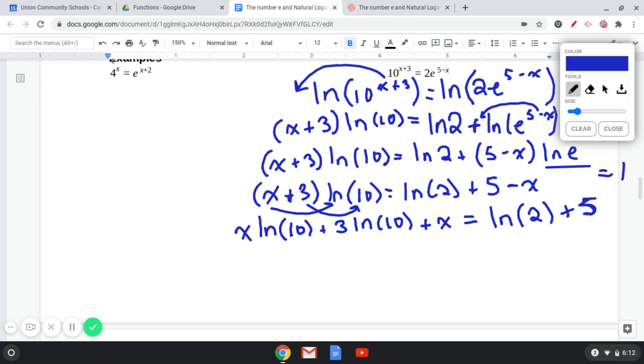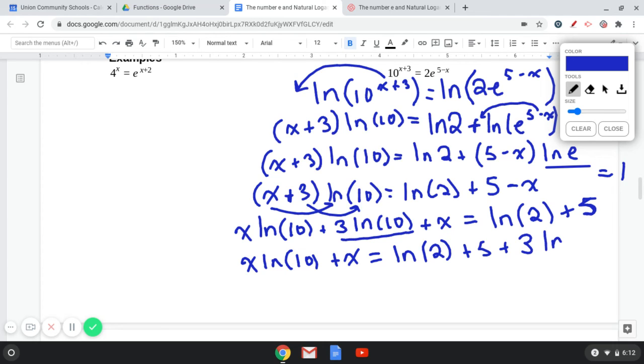Now I'm going to move this term to the other side, so subtract it from both sides. So we get x times the natural log of 10 plus x equals natural log of 2 plus 5 plus 3 times the natural log of 10.